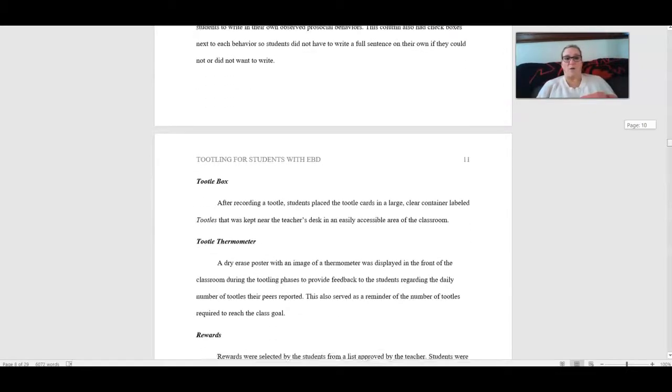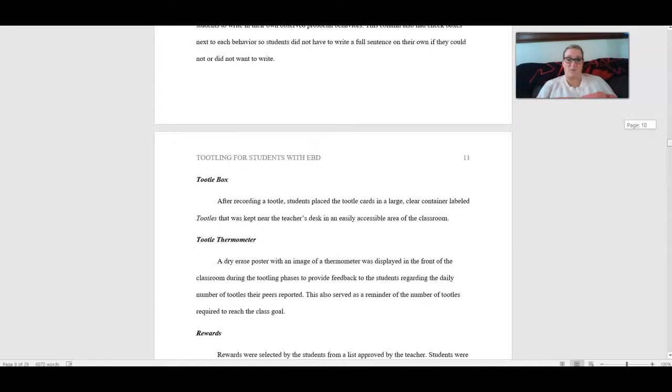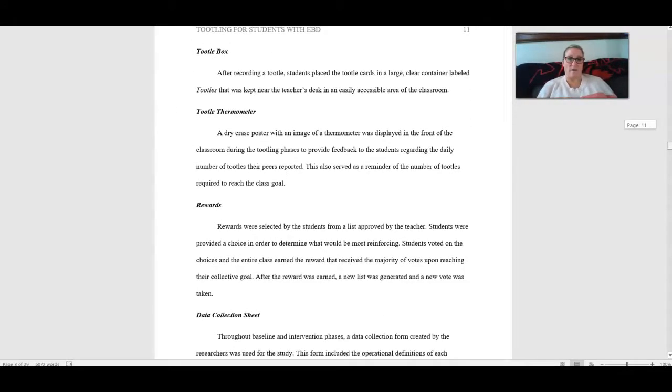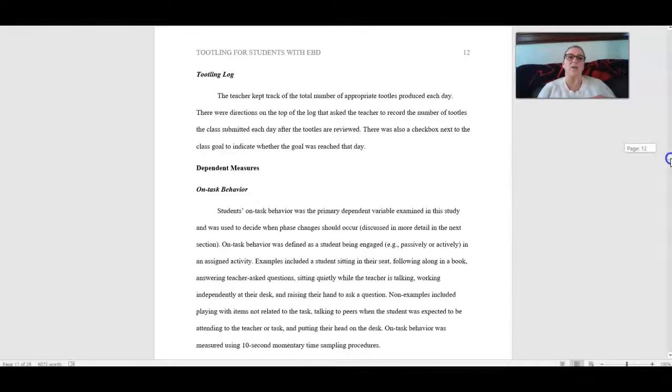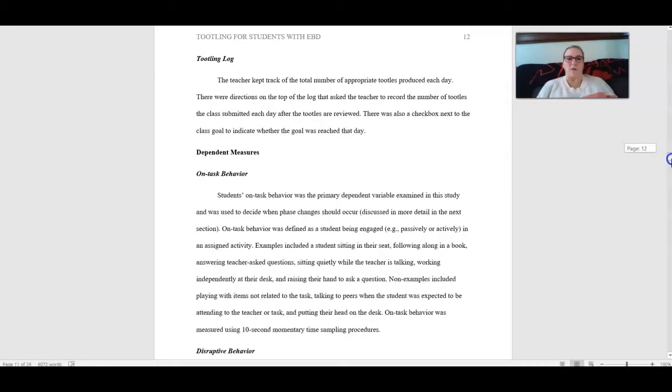So tootle cards, I'm not going to read through all of this, but you'll see that there's a wide range of things you need to describe in detail so that somebody who's reading your study could replicate what you did. So I can go back and find a tootle box that is similar to the one that was done in this study. I could find a thermometer that is similar to the one that was used for this particular study. The rewards, the data collection sheet, logs that the teacher used, all the materials that we needed to conduct this study.